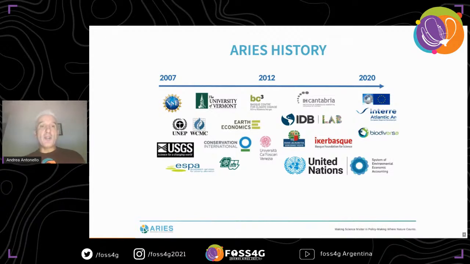Throughout the years, several players contributed and funded the project, and around 2012, Professor Villa decided to move back, since he's Italian, back to Europe, and he ended up at the Basque Center for Climate Change. And that's right now kind of the headquarters of ARIES and KLab.